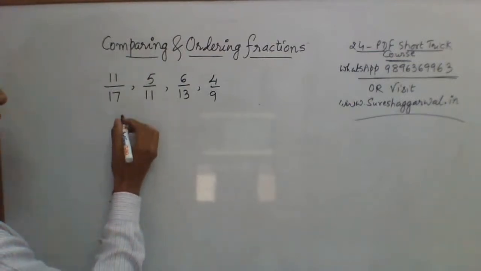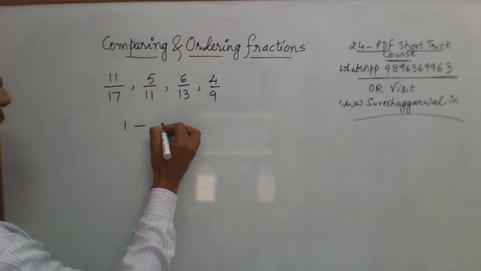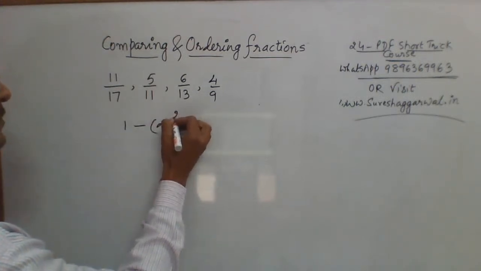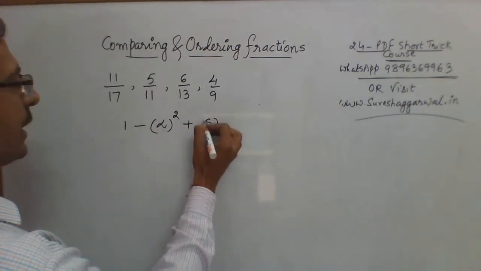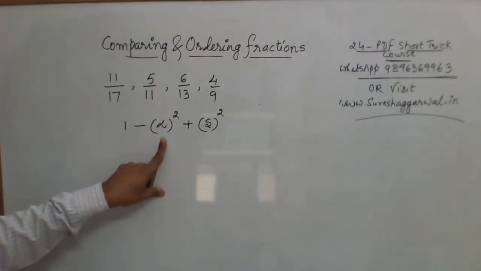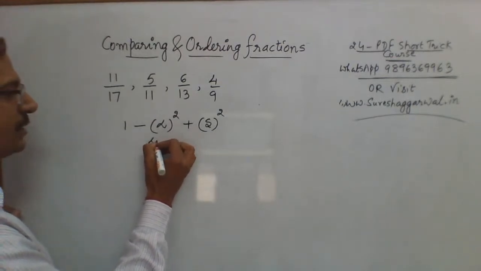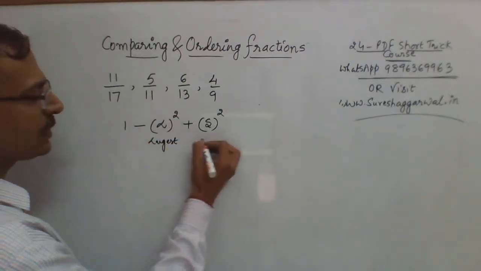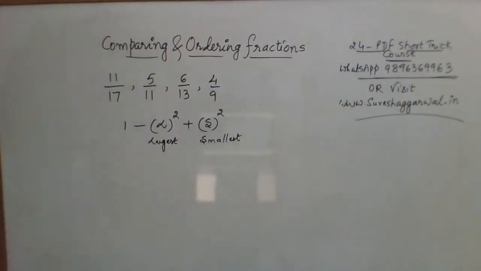You need to tell me the value of 1 minus the largest one square, plus the smallest one square. That is the question: 1 minus largest square plus smallest square, where L stands for the largest and S stands for the smallest. Be careful with your answers. You can fumble here very easily.